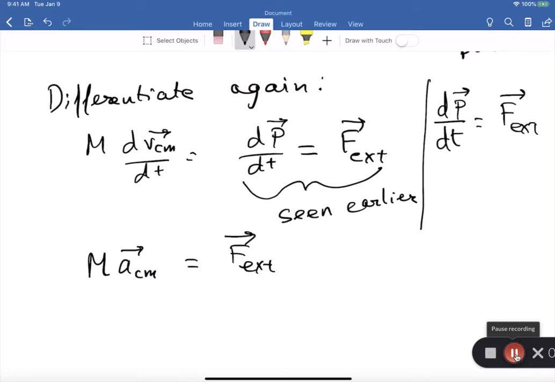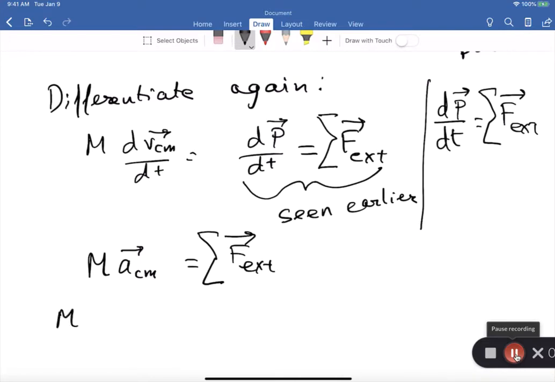This is a very important equation, and I should just put a summation here. It is important because what it's telling us is that the motion of the center of mass of a system of particles is determined solely by the external forces acting on the system.